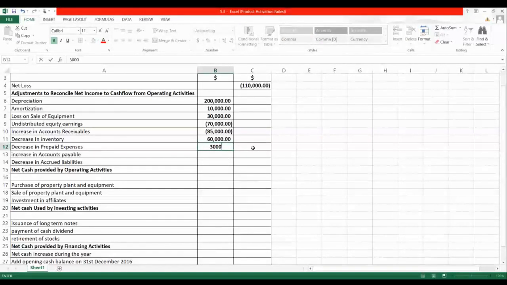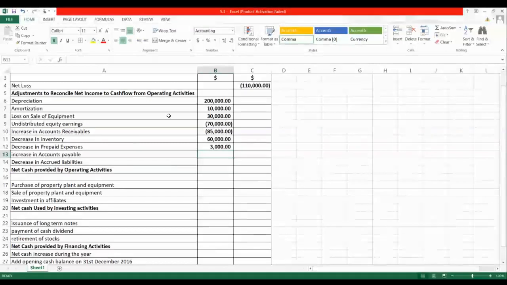Expenses decreases our net income, but I'm adding decrease in prepaid expenses because these expenses was brought from the balance sheet to income statement as an adjustment. So they were non-cash for this year. Of course, they were cash in the previous year, but this year they are non-cash because it's just an adjusting entry. Accounts payable have been increased.